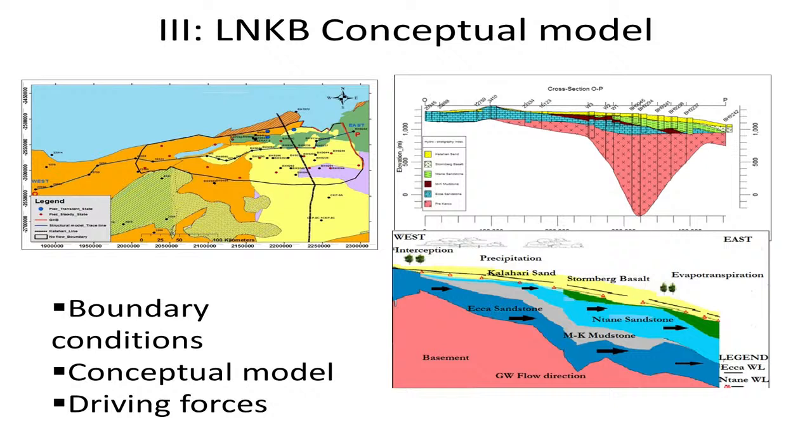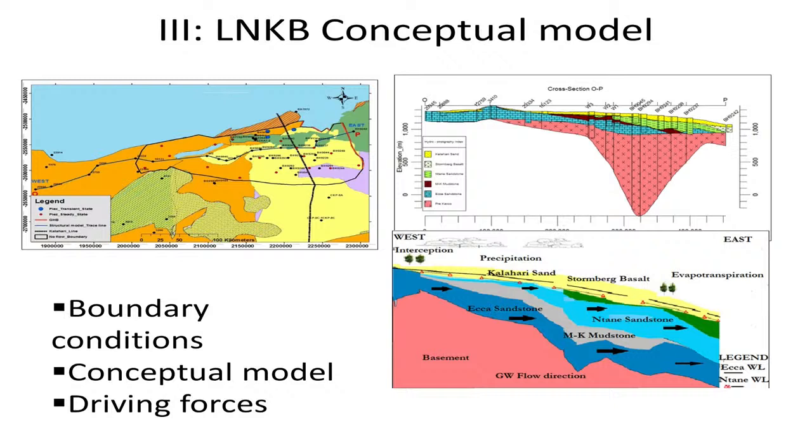Now, after we understood the stratigraphy model of the area, what next? We thought that in order to prove what we thought was right, we would construct a numerical model, in this case using the stratigraphy model which we obtained in part 1, for the Lokalane Basin, which is just a small part of the Kalahari Basin. On the right-hand side, as you can see, is the conceptual model.